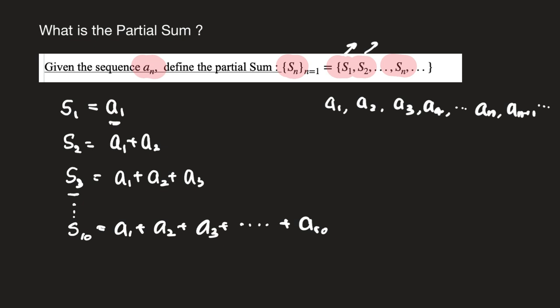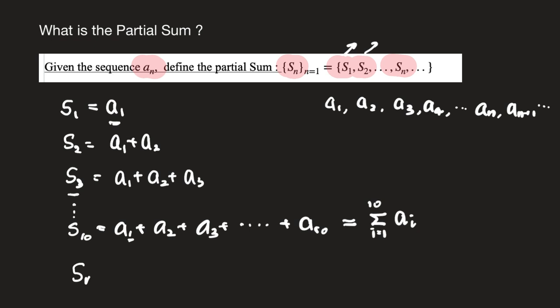You remember sigma notation from Calculus 1 class. I'm going to write this in sigma notation. The index i starts at 1 and goes to 10. That's the S10 partial sum. The 10th term is the sum of the sequence from A1 to A10.